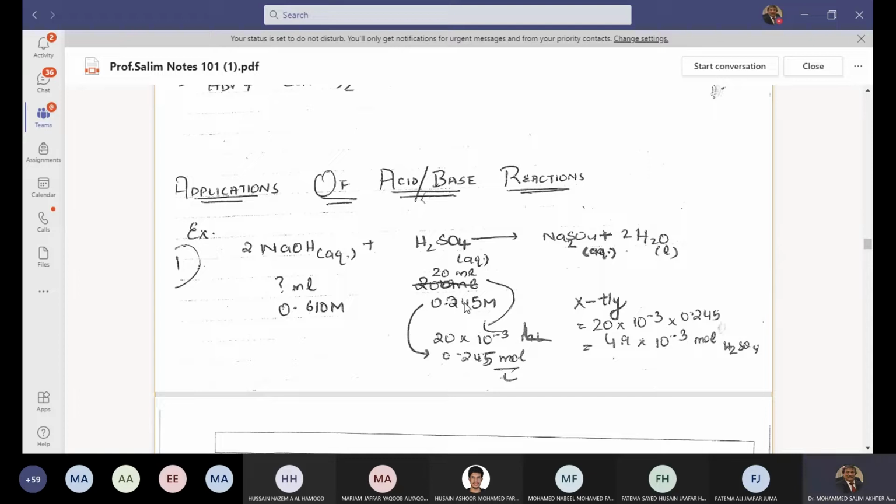In the burette, I have 0.61 molar sodium hydroxide. And the question is, how many ml of sodium hydroxide will I use to get the endpoint, the equivalence point, to get the pink color?